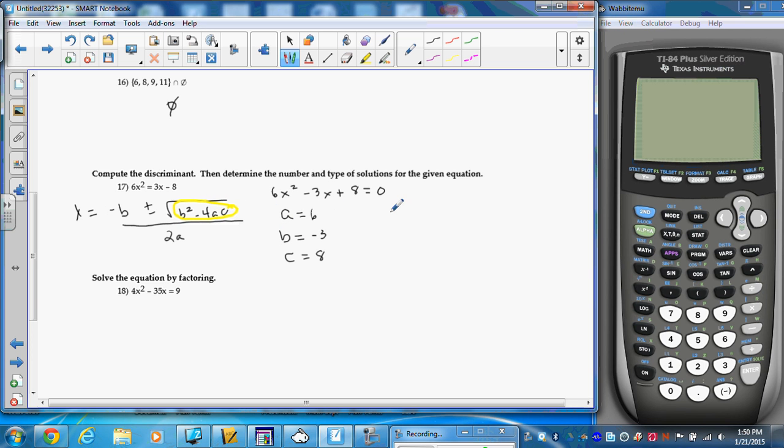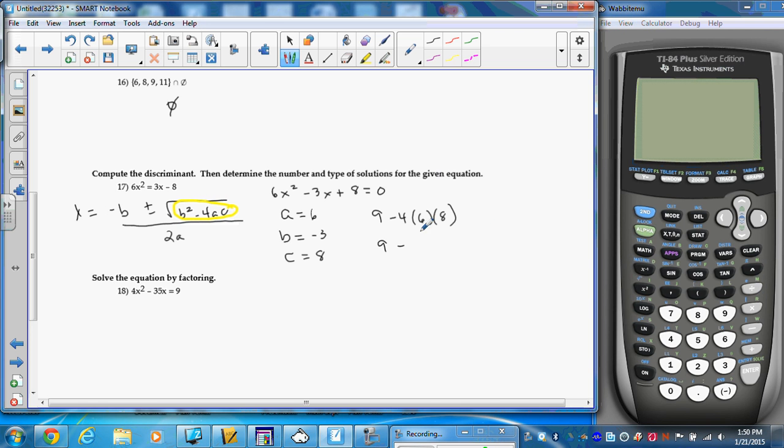So looking at the discriminant only, negative 3 squared is 9 minus 4 times 6 times 8. So 9 minus 48 times 4. What is 48 times 4? 48 times 4 is 192.